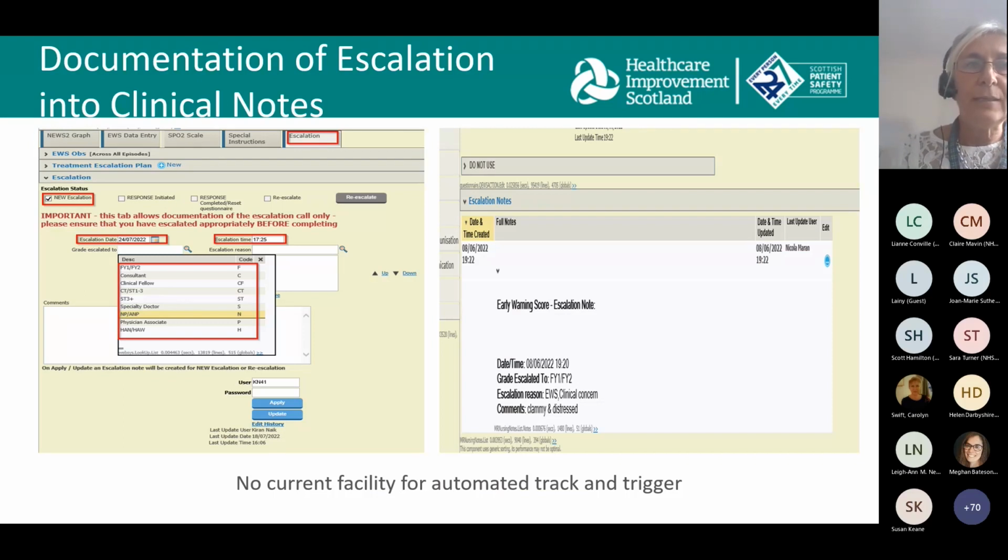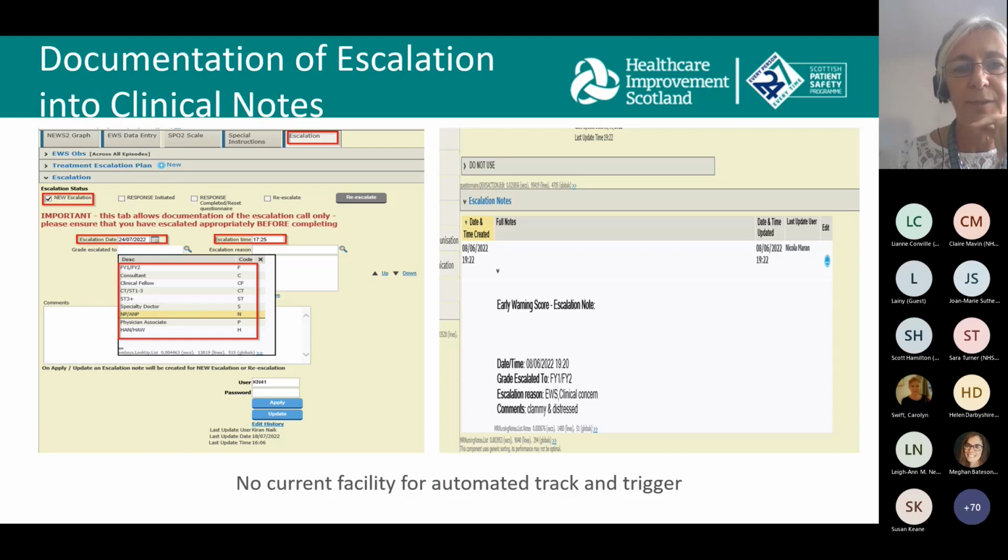So what this system does not do is automatically trigger. We currently don't have the capacity to link this to our telecom system, although this is a capability that we may be able to address in future. But what it does do is make it very easy to use a tab to describe where the escalation call has been sent.